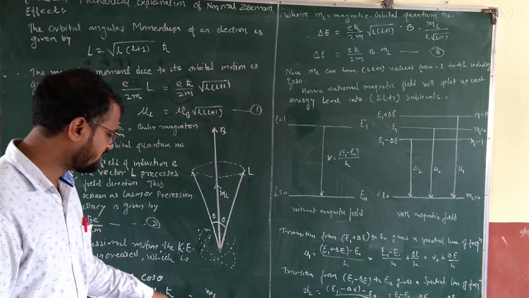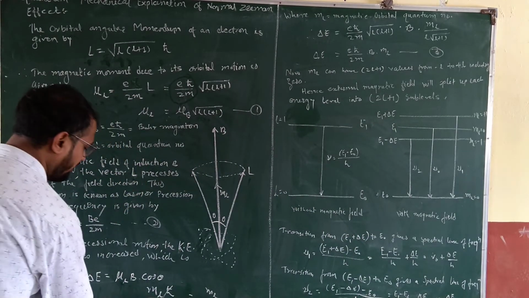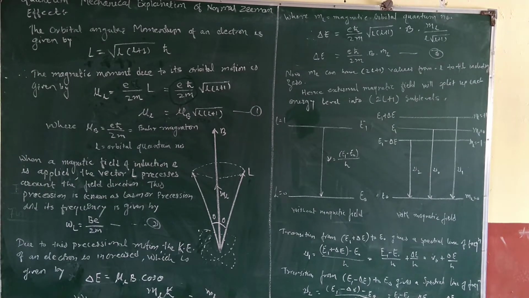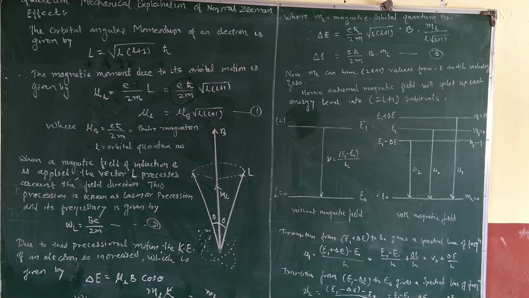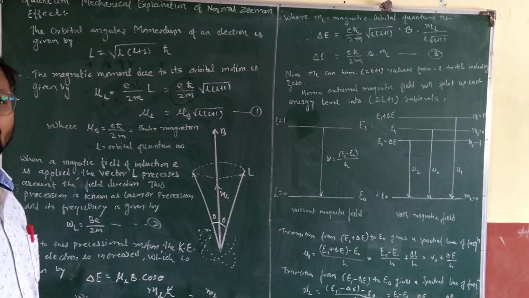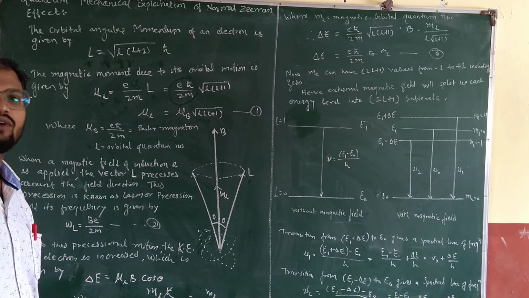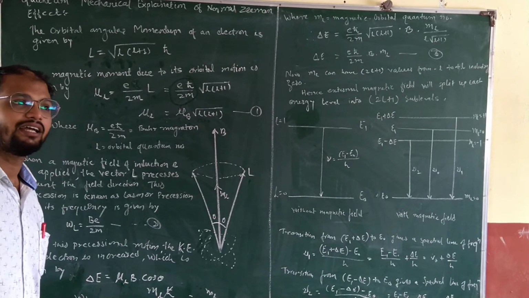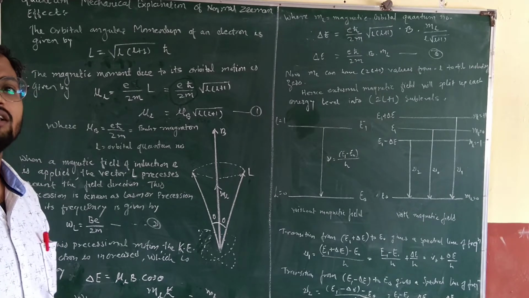Here h cross cancels out, so cos theta equals m_l divided by the square root of l(l+1), where m_l is the magnetic orbital quantum number. The total number of values of m_l is 2l+1, that is, from minus l to plus l including 0.